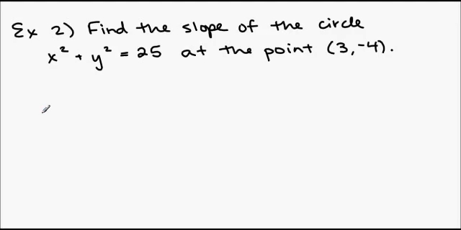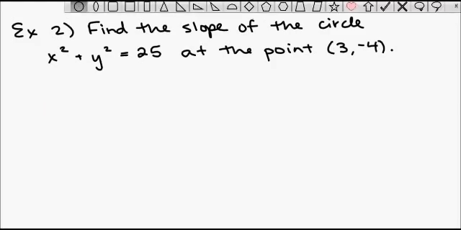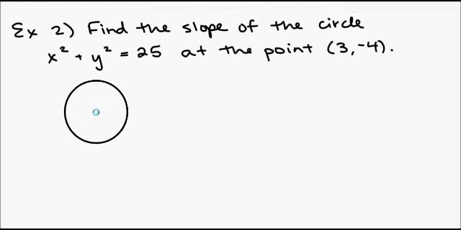Example 2. Find the slope of the circle x squared plus y squared equals 25 at the point (3, -4). The circle graph is like this.